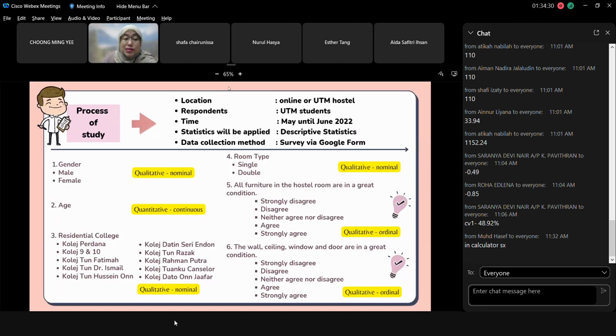Okay, so the statistics, since you mentioned just now it is going to be a survey, right? Then the statistic is not just descriptive, I think you also need inferential statistics. So you just add descriptive and inferential statistics. Okay, Doctor. So people, you need to keep all these slides because later on you need to add more.